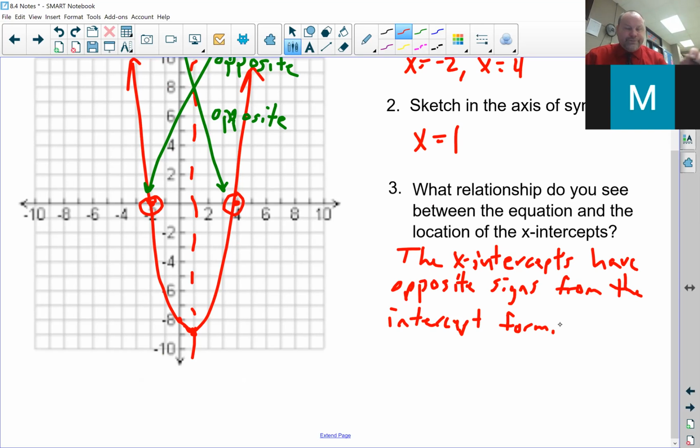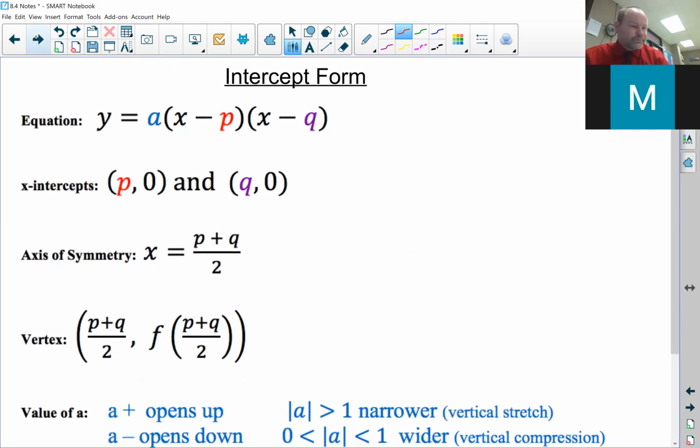All right. So, some general facts about intercept form.